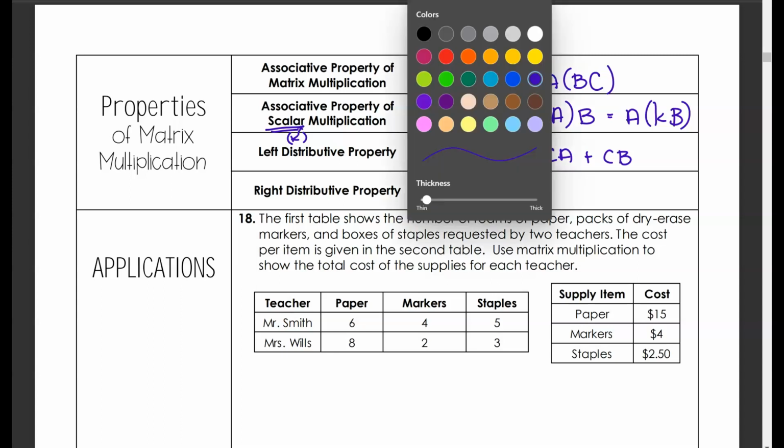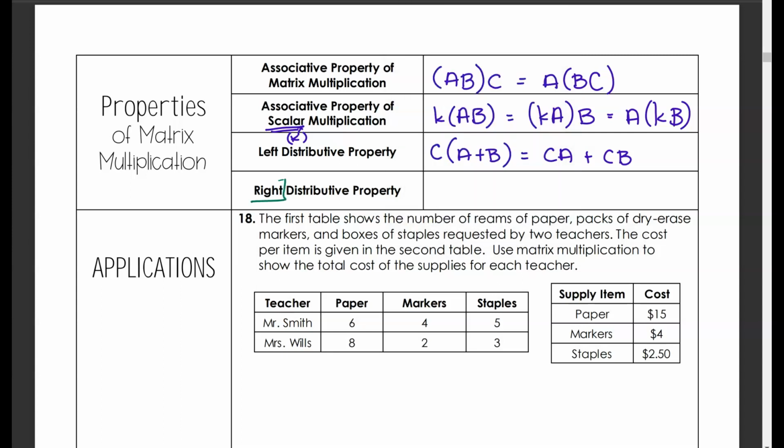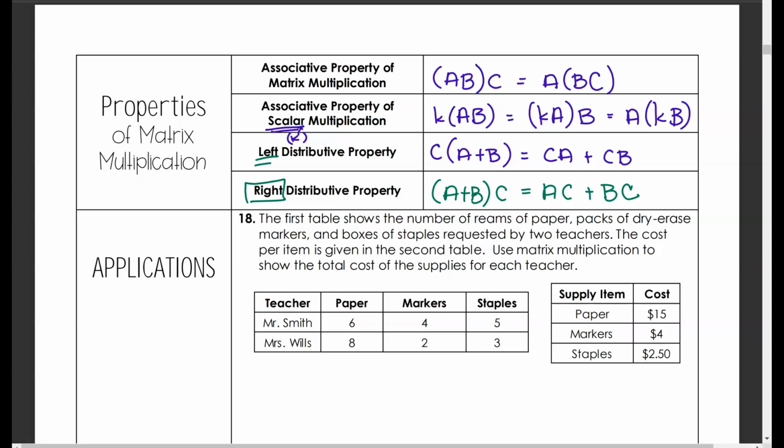We have to distinguish this because order matters in multiplication. This would look like A plus B and then multiplied by C. This would be the same thing as taking matrix A multiplied by matrix C, plus matrix B multiplied by matrix C, and then adding those two things together. Okay. All right, let's take a look at some applications here.